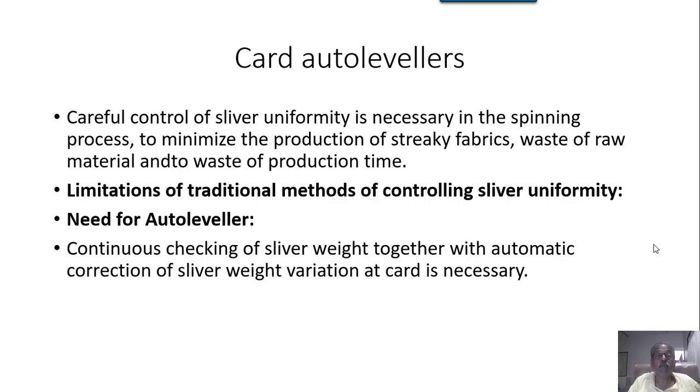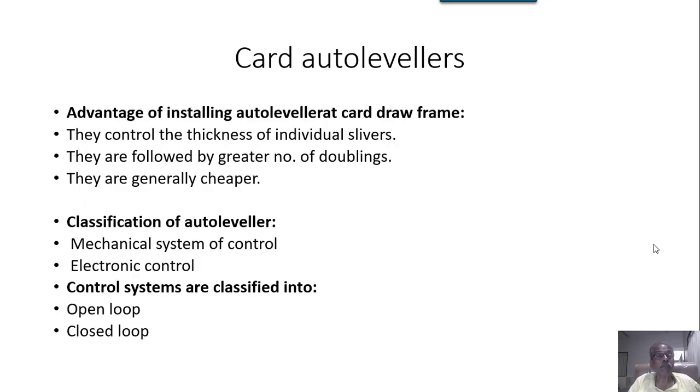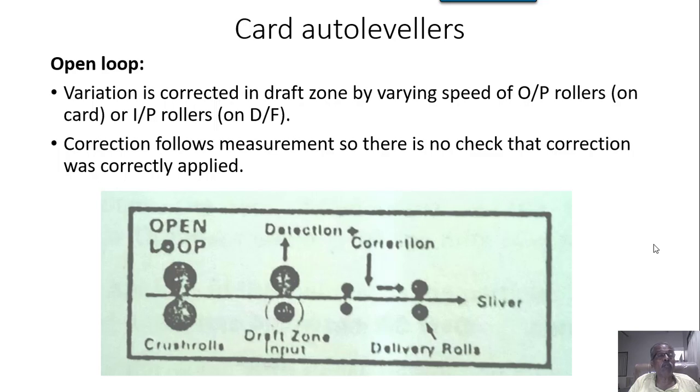With auto levelers on the carding, we try to keep the variation to a minimum. Advantages of installation: they control the thickness, allow a greater number of doublings, and are generally cheaper. Classification: mechanical system, electronic system, open loop and closed loop, which we have already discussed.